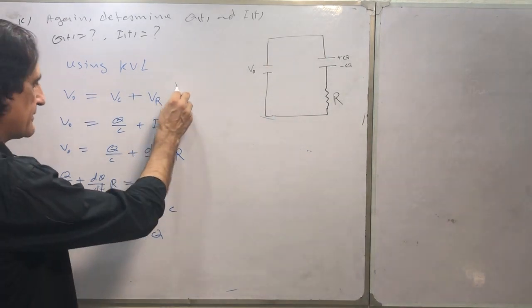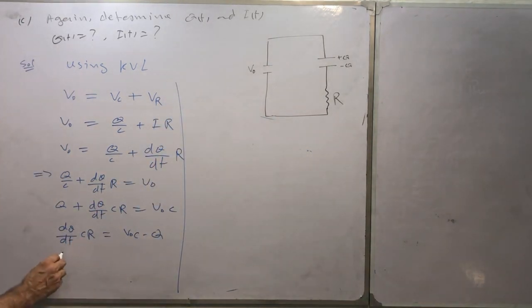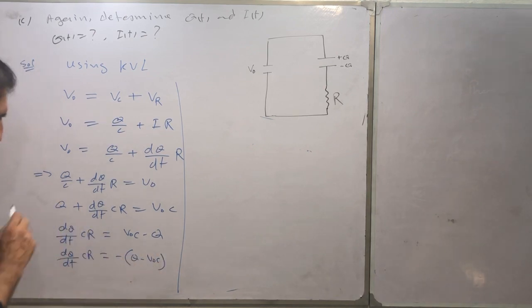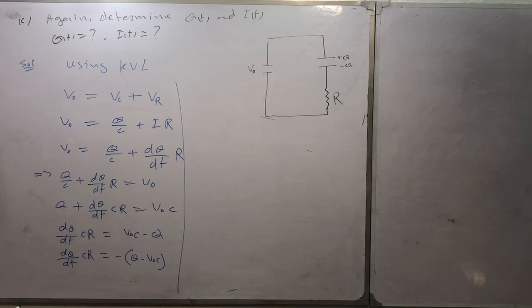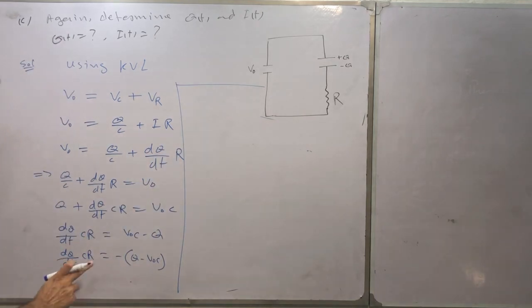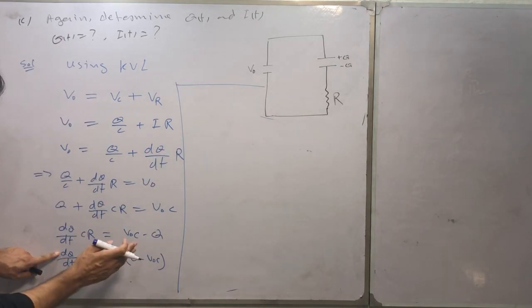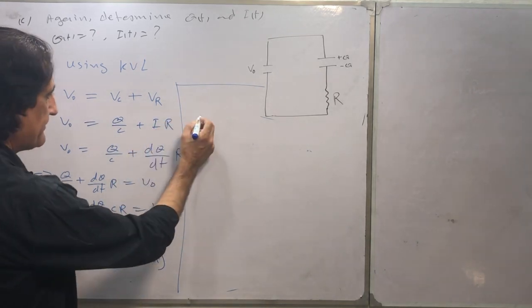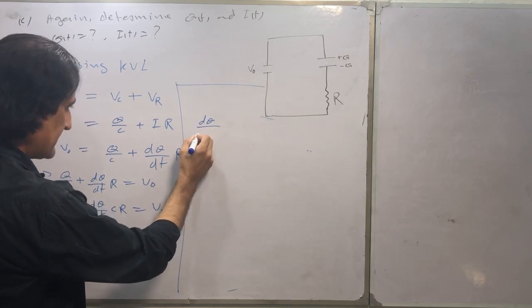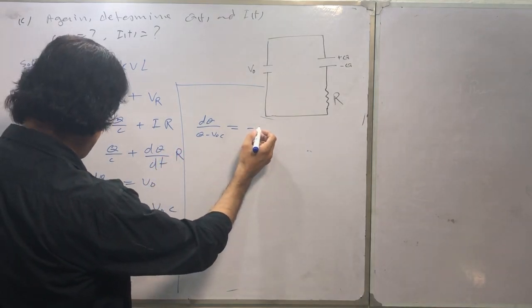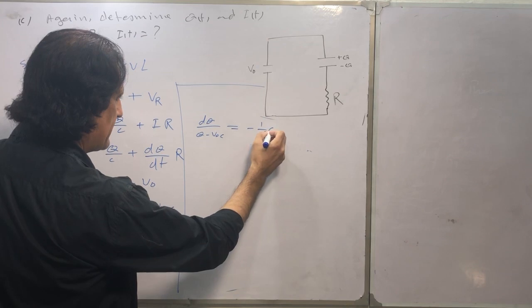And if I write this, dq divided by dt times CR is equal to minus, then this will be q minus V naught C. And further, to solve this equation, I want dq on one side and time on the other side, then dq divided by q minus V naught C is equal to minus 1 over CR times dt.